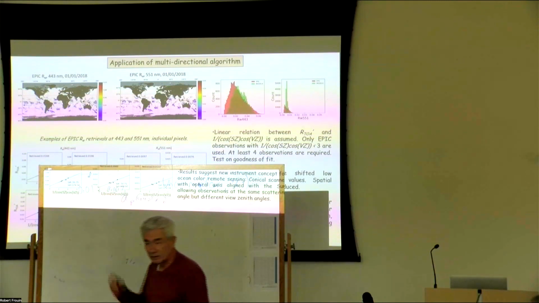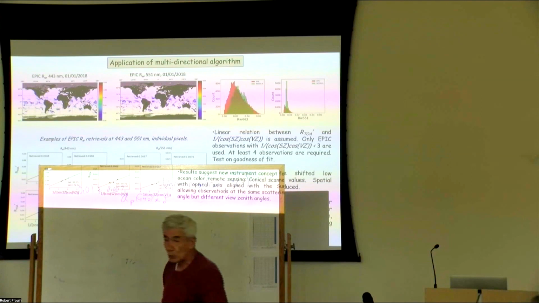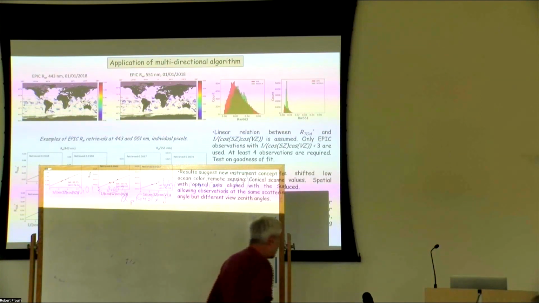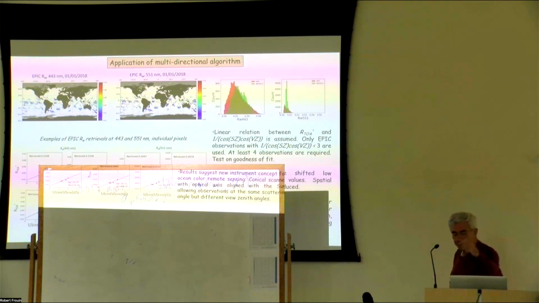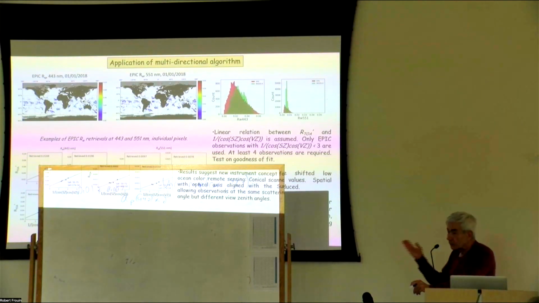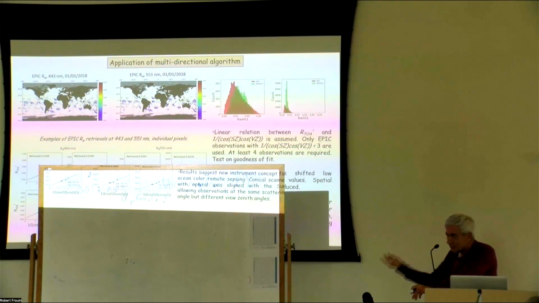The question is, from the L1 orbit, we've seen that you observe the Earth at the same scattering angle. But can you exploit that to develop an atmospheric correction that uses the bidirectional information?